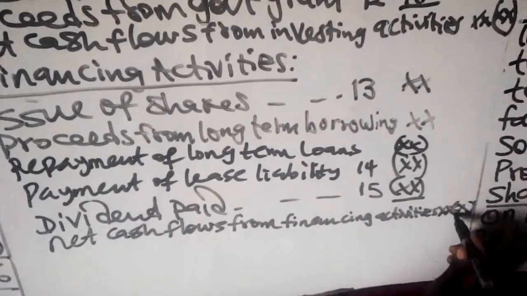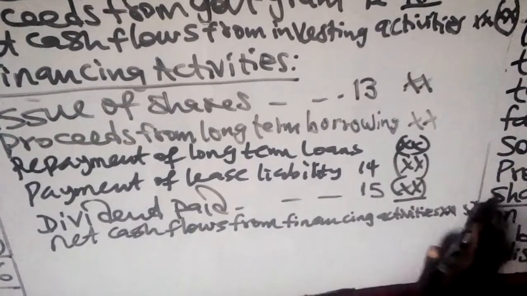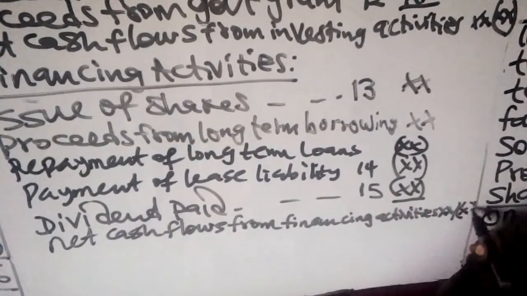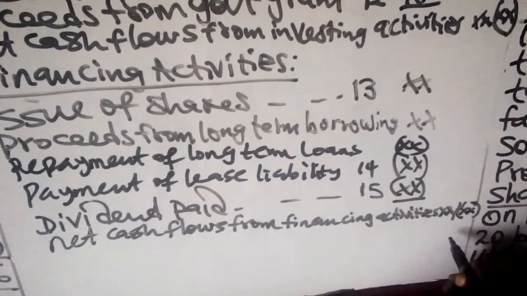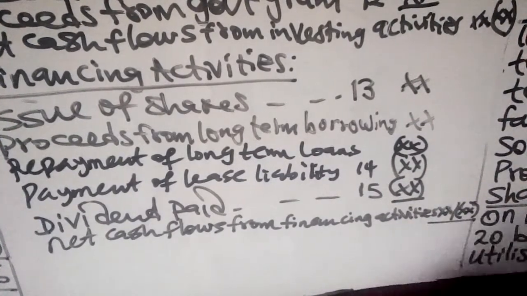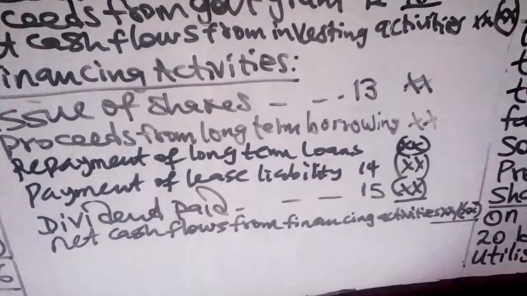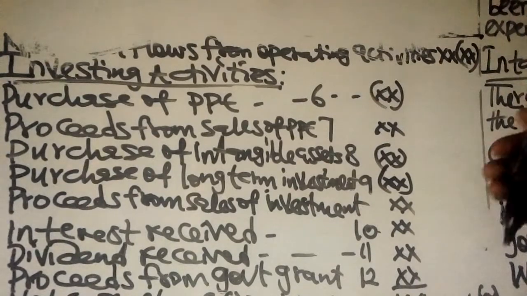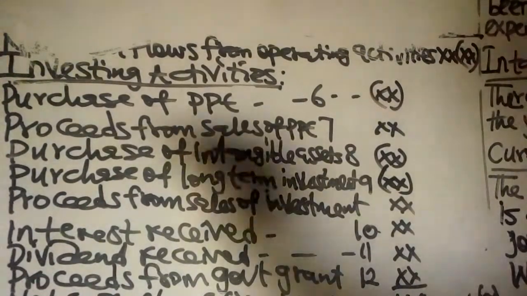Where the receipt exceeds payment, it will be positive. But where the payment exceeds the receipt, it will be negative. Then you are now going to sum up the balance obtained. That is your net cash flows.